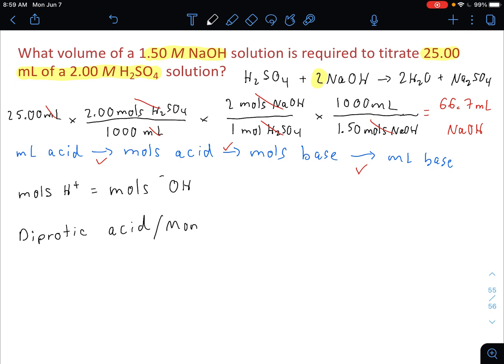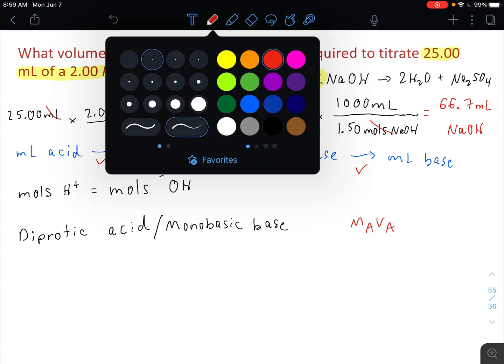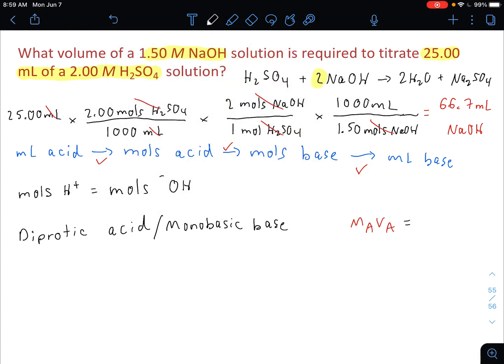So diprotic acid, monobasic base, rather than MAVA equals MBVB, what we need to do here is put a factor of 2 on the acid side.